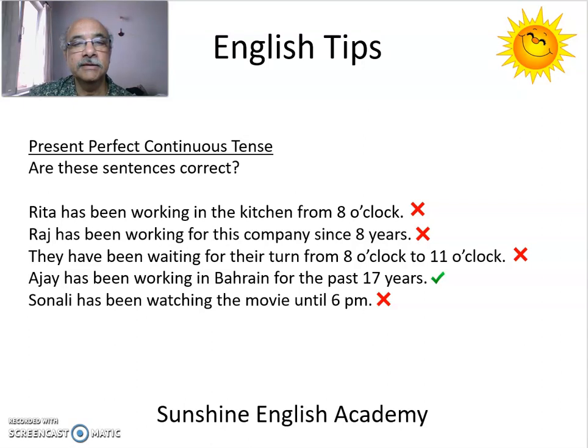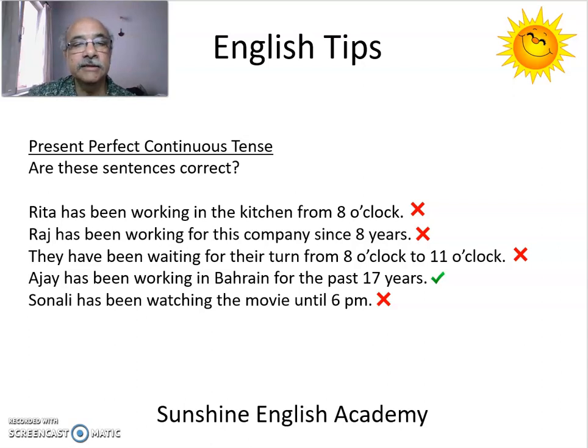The next sentence, Ajay has been working in Bahrain for the past 17 years. This is correct. In this sentence, we have mentioned the duration of time for which the action has been going on, and therefore we have used the preposition for. This sentence is correct.